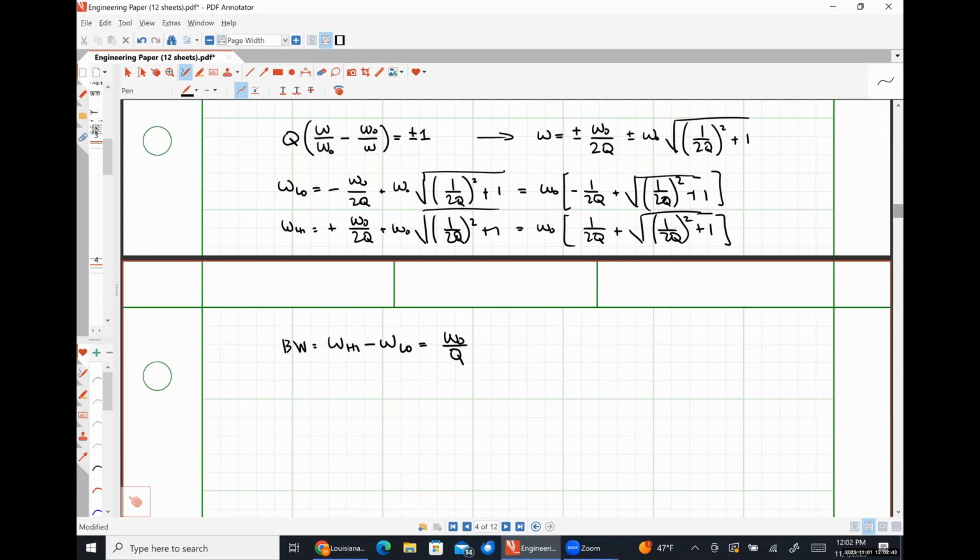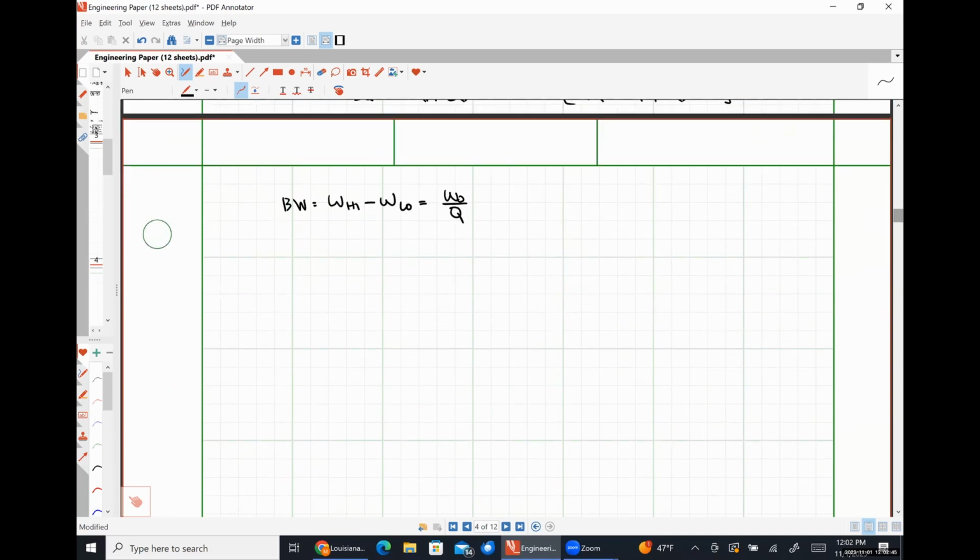All right. So let's look at a simple series RLC circuit.